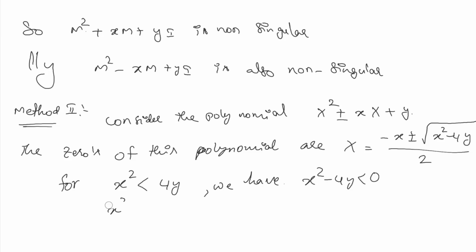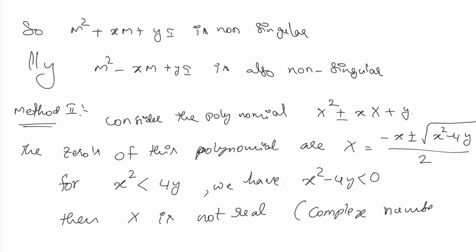So for this, x is not real, and in fact it becomes a complex number. So when we consider this polynomial, we have the roots of this polynomial are purely complex. In any way this cannot be real for this condition.